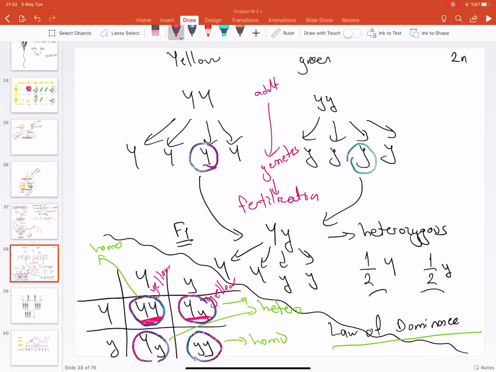Because of the law of dominance, the ratio of genotype segregation is 1:2:1. So 1 homozygous, 2 heterozygous, 1 homozygous. But the phenotype distribution is 3:1. This is phenotype, and this is genotype distribution. That is the 3rd law of Mendel.